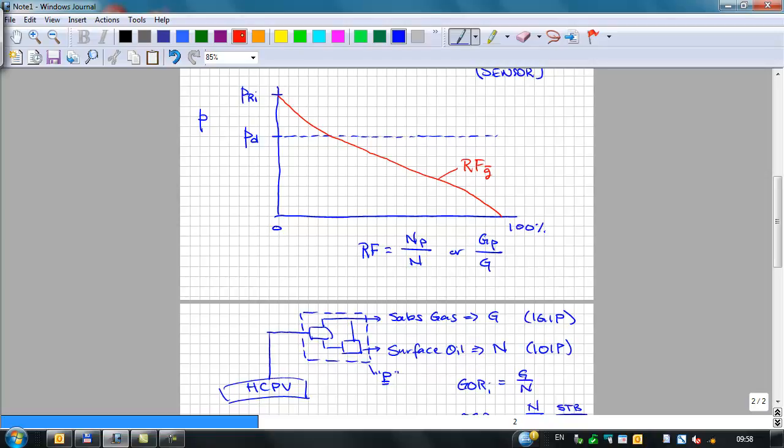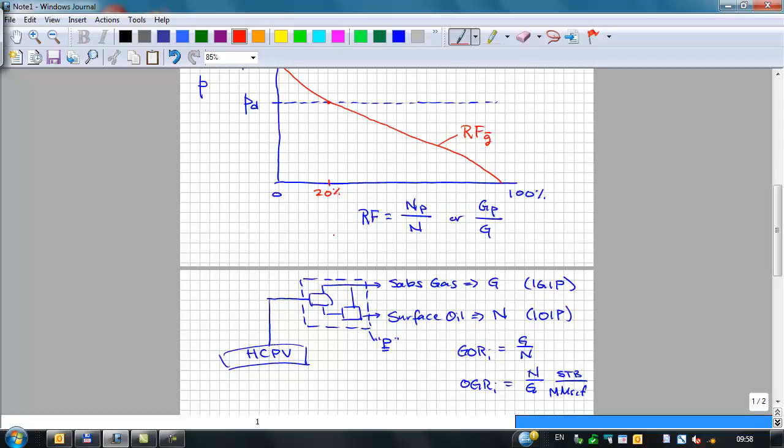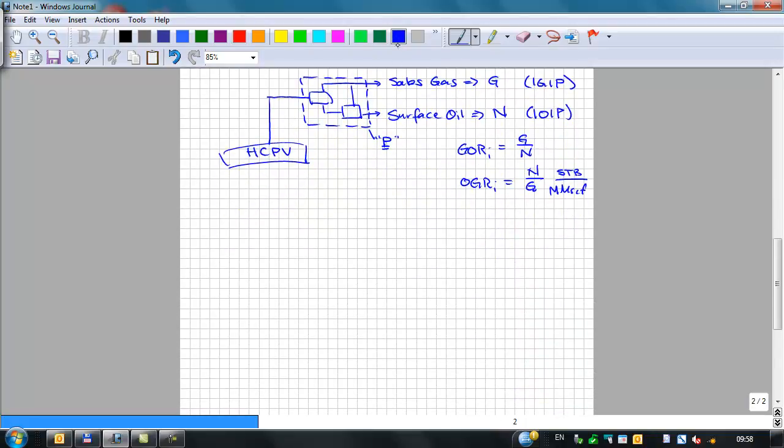Now, what I've said here is that from the initial pressure down to the dew point, we're getting about 20% recovery of this G down to the dew point, right? Okay? That's what we're saying. So, from the initial reservoir pressure to the dew point pressure, we're saying that GP over G is 20%.